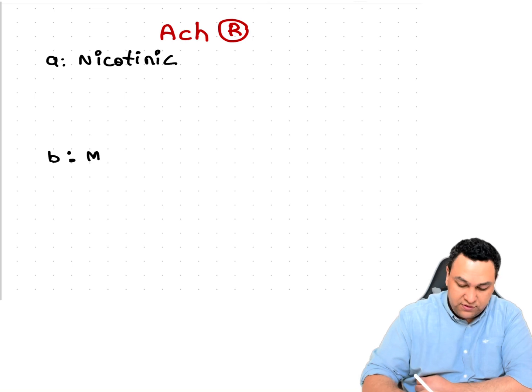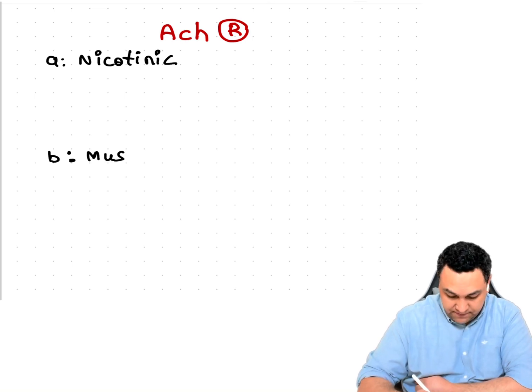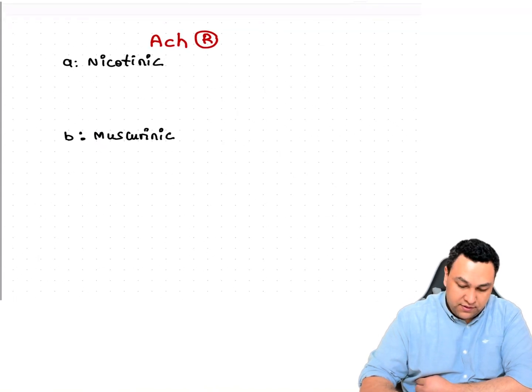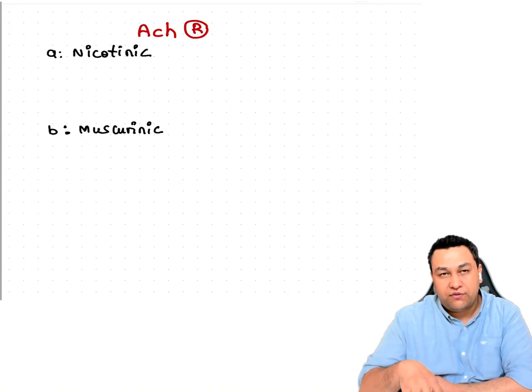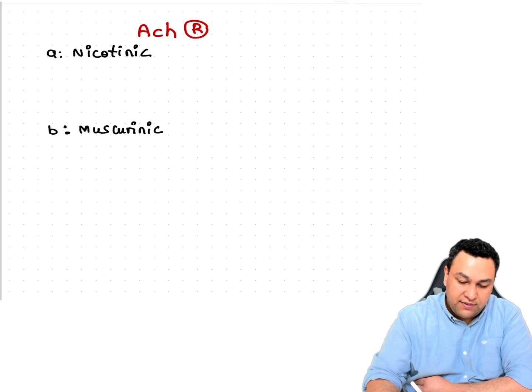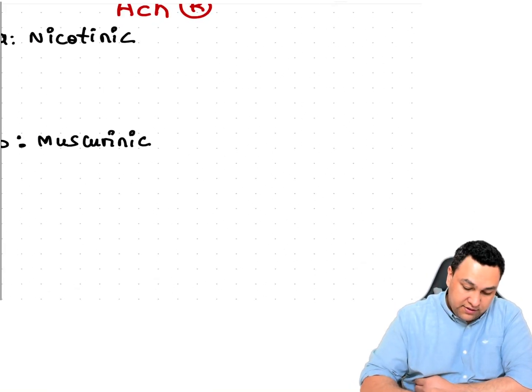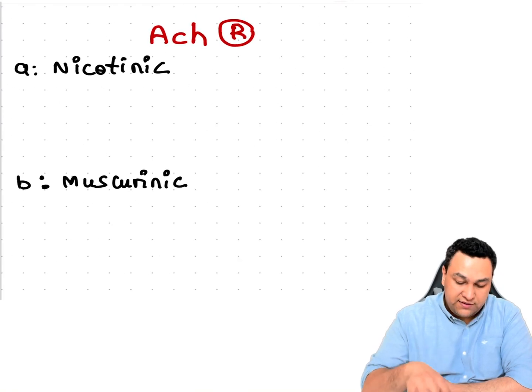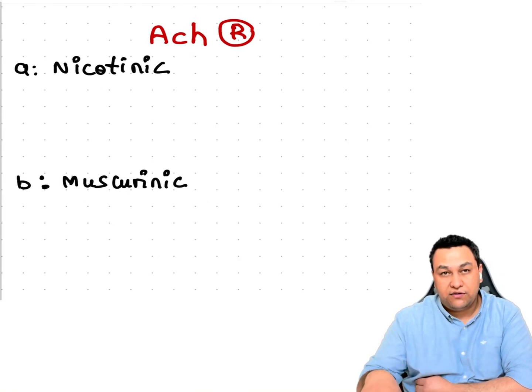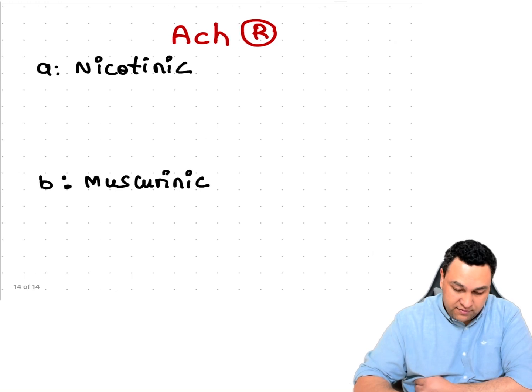So these are the two main types. Now, how do they differ from each other? Actually, their mechanism of action is slightly different. When the acetylcholine comes and binds, the nicotinic receptors act through one mechanism, and muscarinic through another.